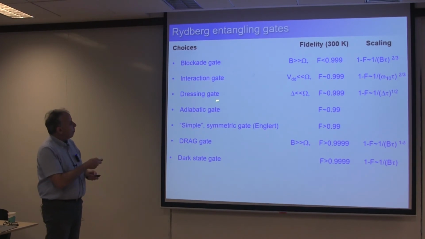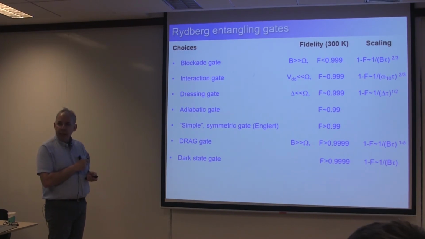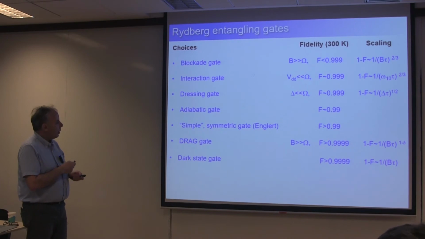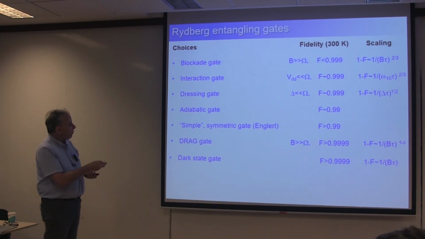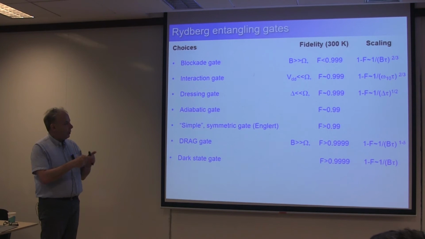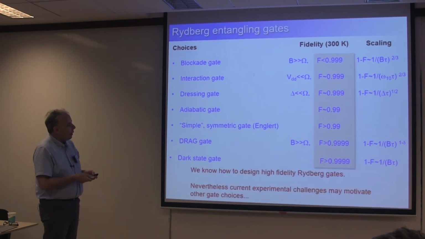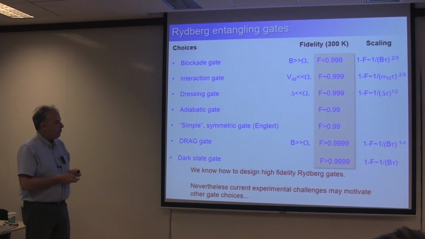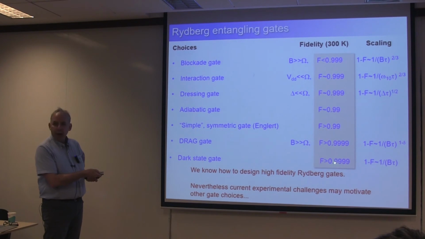There's a dressing gate where one excites the Rydberg states off-resonantly, an adiabatic gate that uses adiabatic pulse shapes, a gate invented here by the Englert group that symmetrically drives both atoms, and then some more recent gates we've been working on. And so what I can tell you is that we now know how to design Rydberg gate protocols, analyzed for real atoms, that have the potential of getting to very high fidelity, more than 4/9 of fidelity.